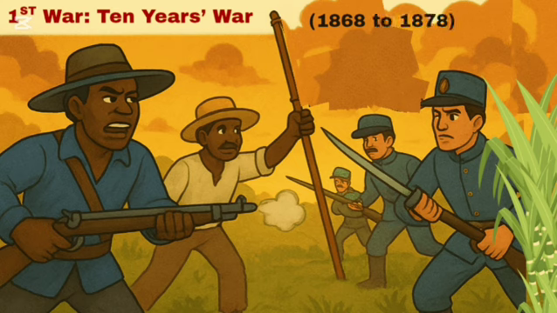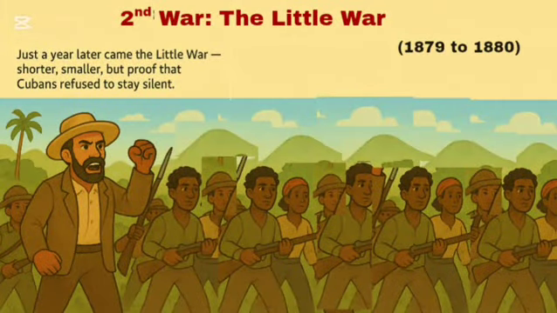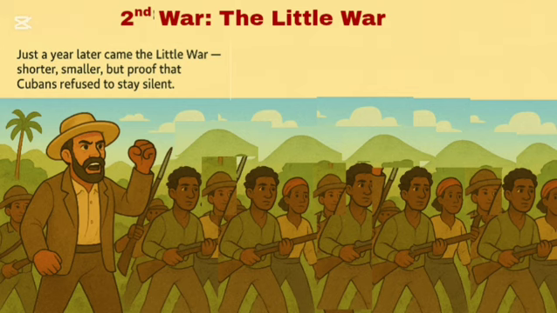Still, great minds, the dream of freedom was still alive. Just a year later, in 1879, came the Second War, known as the Little War, that lasted 1 year. It was shorter, smaller, but proof that the Cubans refused to stay silent.